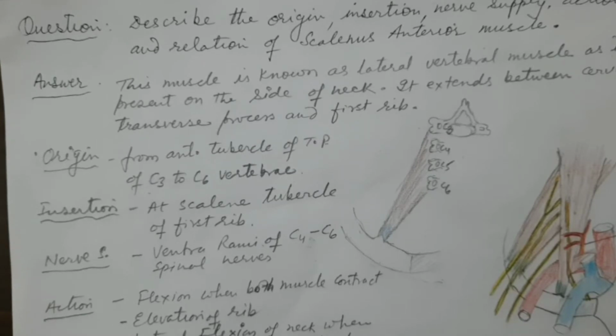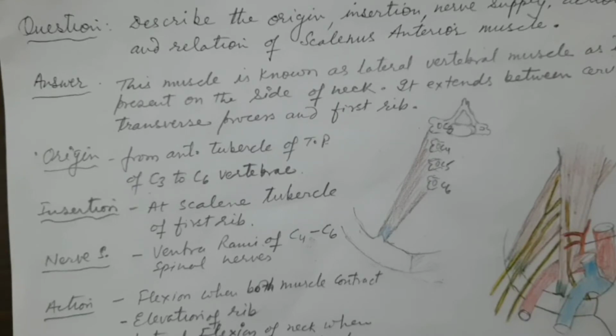When the muscles on the right and left sides act together, as in forced inspiration, the ribs are raised up. The Scalenus anterior will raise the first rib along with the Scalenus medius, which is also inserted onto the first rib in the posterior part, and the Scalenus posterior, which is inserted on the second rib. So when all three scaleni contract, they will raise the rib cage itself, as in forced inspiration.